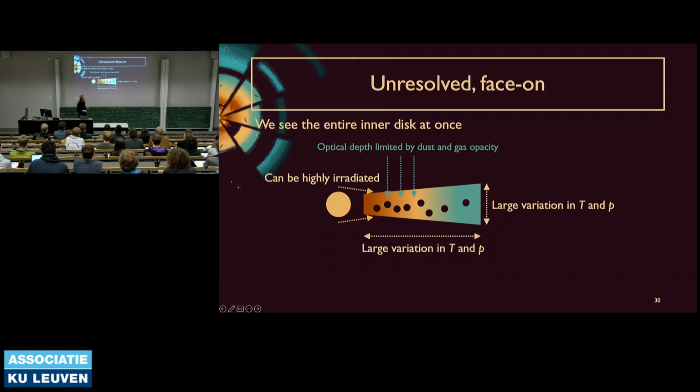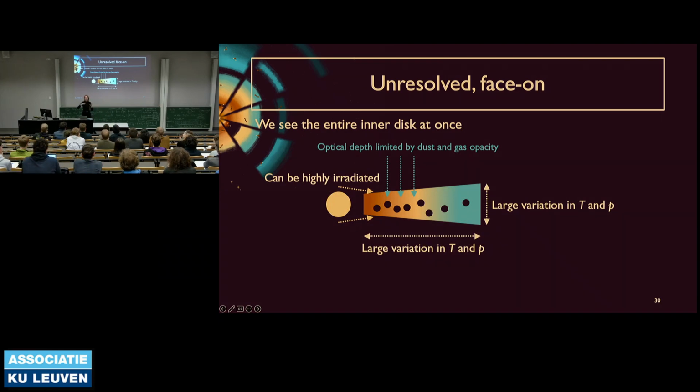And finally, because we're looking through this disk, there is an optical depth limitation related to where your dust is, but also how dense your gas is in that specific wavelength. So if you have a very dense layer of water, you can only see up until the optical depth. You don't see further down.